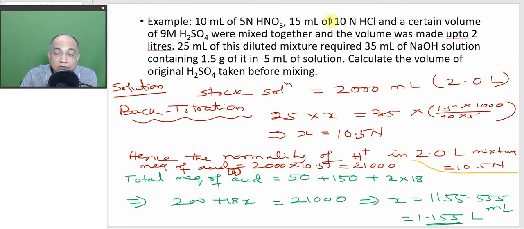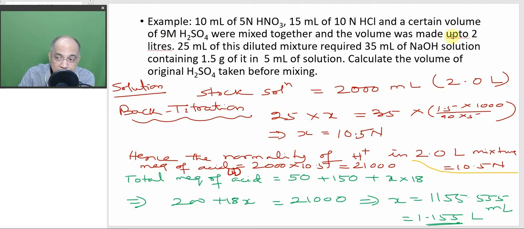So, what is the total volume of the solution originally you have taken? 10 plus 15. Supposing the sulfuric acid volume is X that you are asked to find. Then you just find out not volume, but the total milliequivalents of H plus ions in all the three. 10 into 5, 50. 15 into 10, 150.